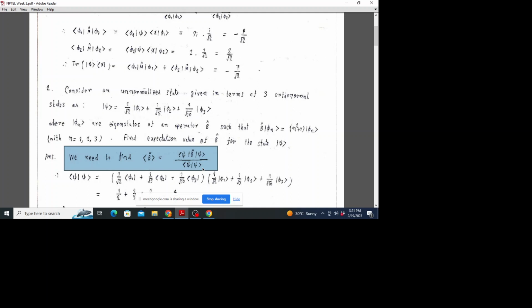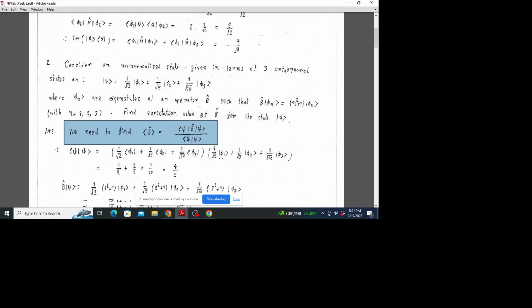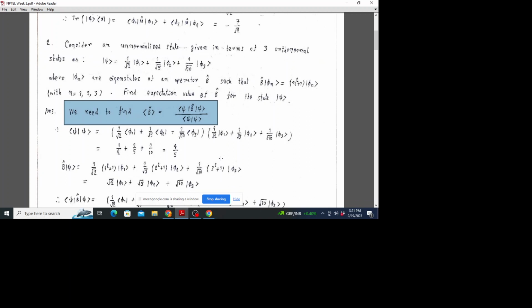But here this is unnormalized, so the denominator will play a non-trivial role here. You see the denominator will not be equal to 1 because psi is not normalized, and so this is the actual formula for finding the expectation value. Now let us find the numerator and denominator separately, and then you will get the answer.